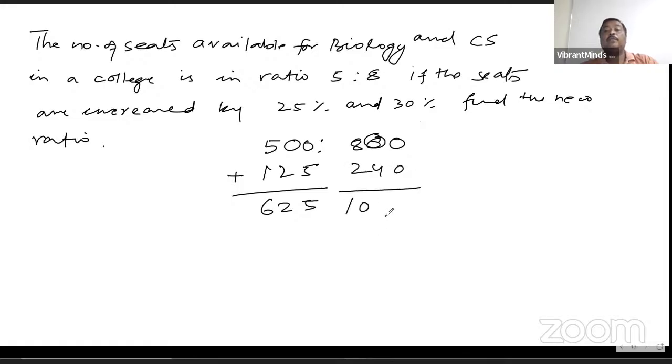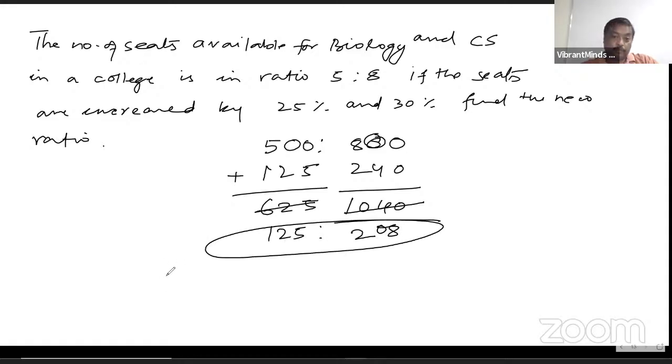What it will be? 1040. Let's divide by 5. 5 into 125, 5 into 208. So what is the final ratio? 125:208. Is it clear, guys?